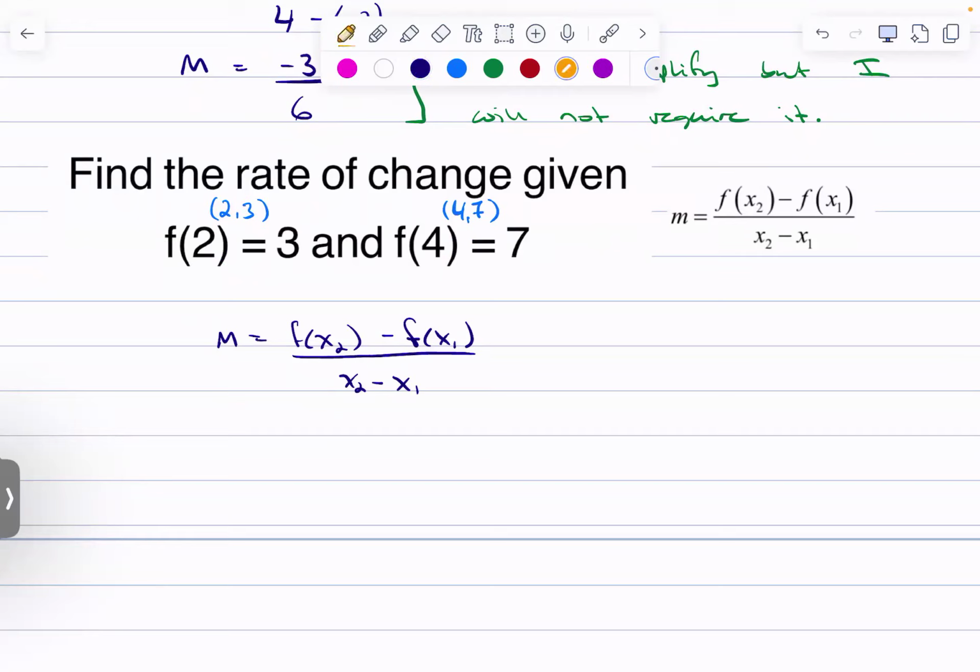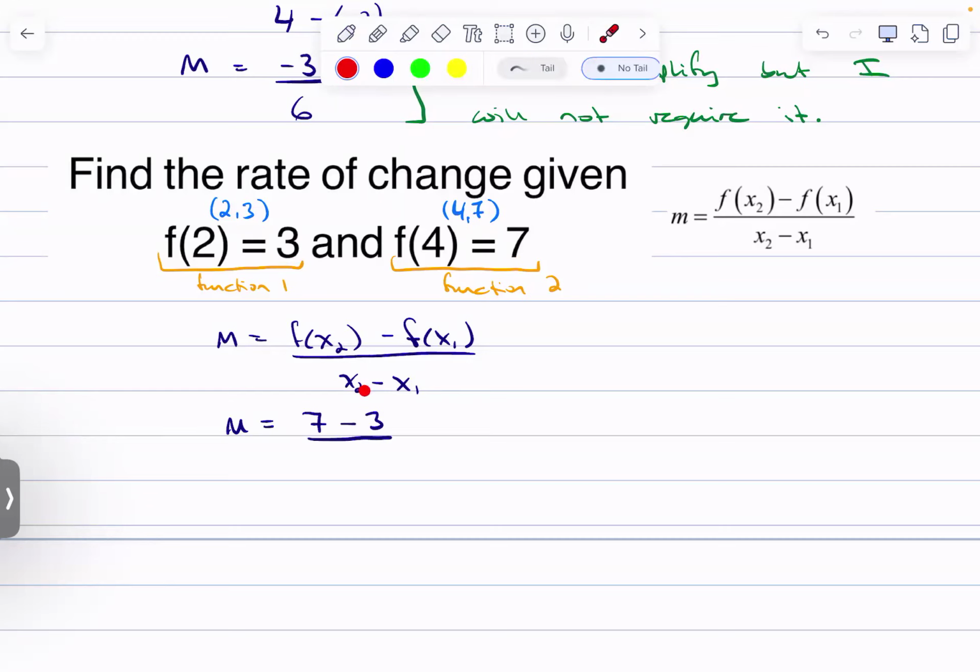If I use this as my function 1, and this as my function 2, f of x2 is 7. f of x1 is 3, over x2, which is 4, minus x1, which is 2.